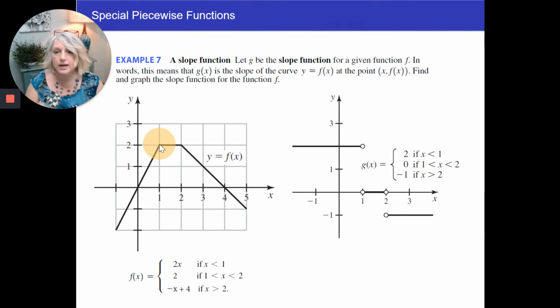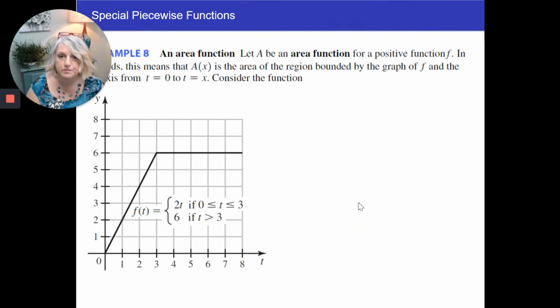Because it's kind of like a teeter-totter when you're looking at it, it doesn't have a consistent slope, so it can't be part of the slope function, because there are two possible answers. So we're going to exclude that from the derivative or the slope function, and that's why both of these are taken out. We're going to talk a lot more about that in a later chapter.